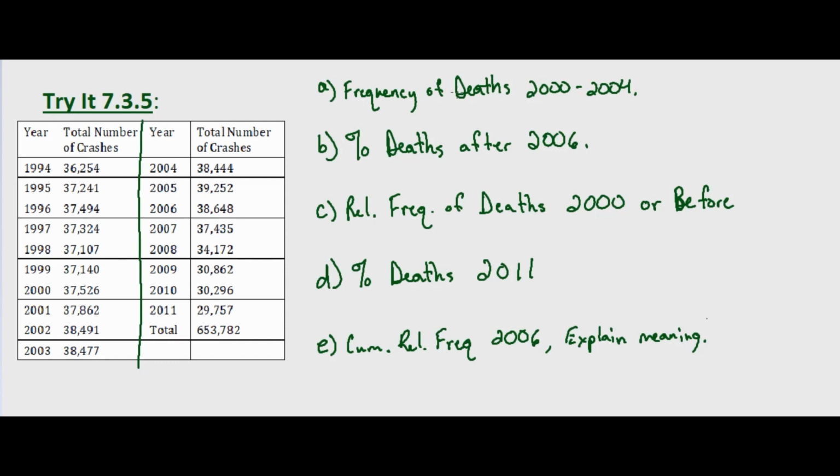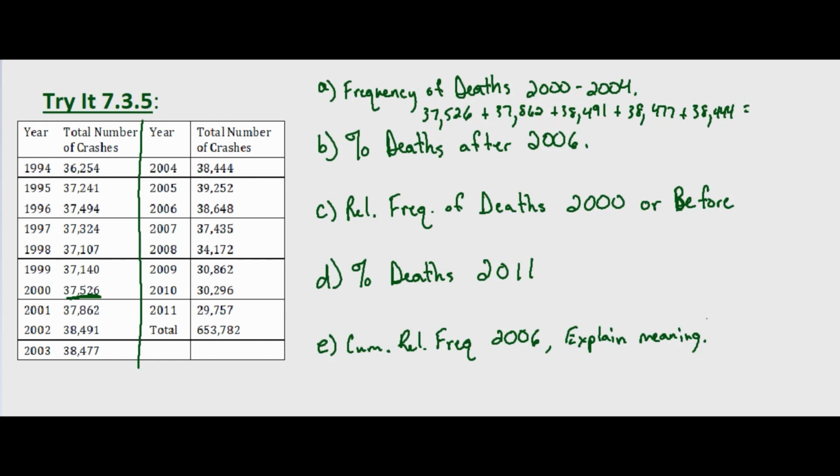So we're looking at 37,526 because that's what corresponds to the year 2000, plus 37,862 plus 38,491 plus 38,477 plus 38,444.